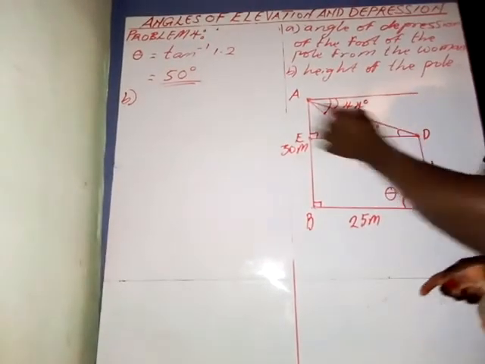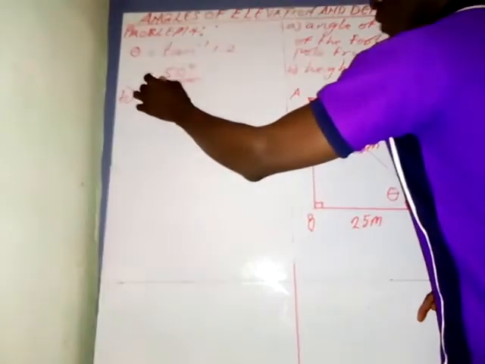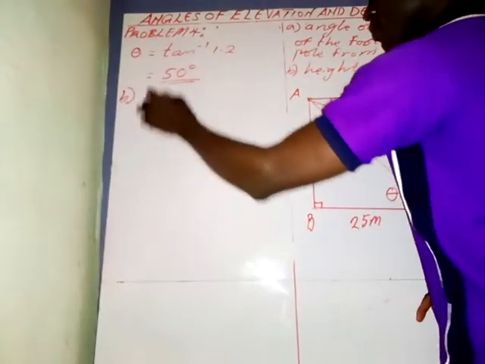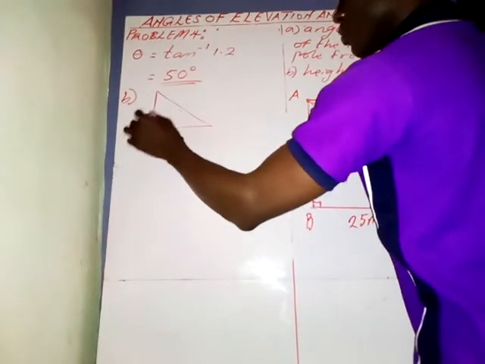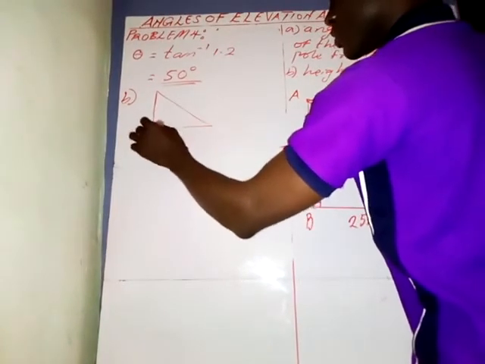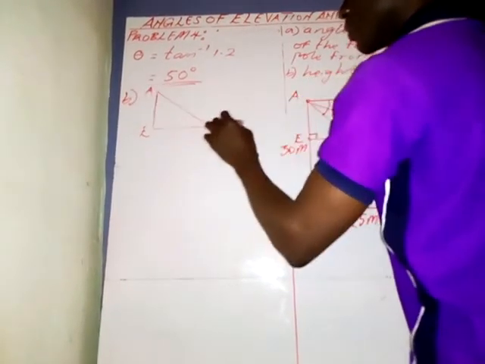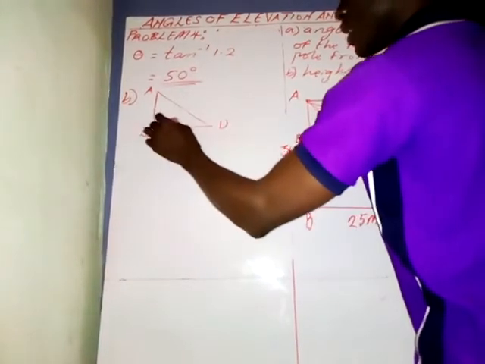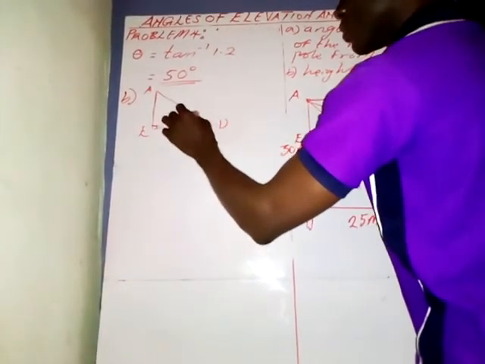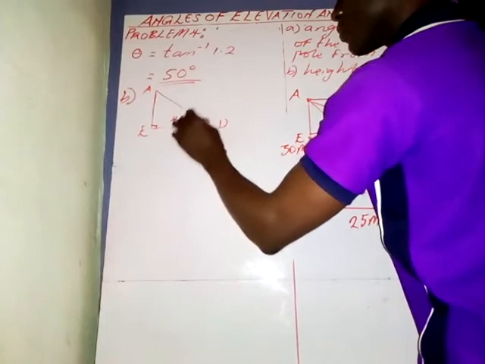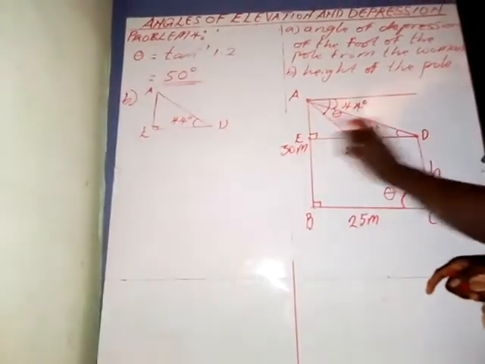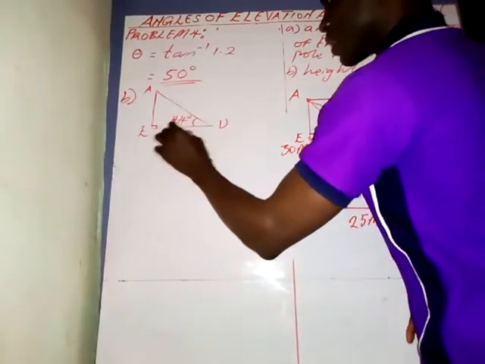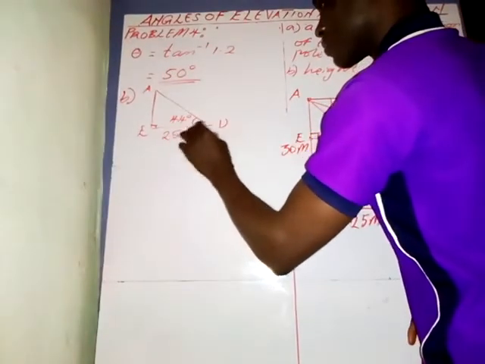I will draw out triangle AED. This is point E, this is A, and this is point D. This is the right angle triangle. This angle is 44 degrees, and distance DE is 25 meters.